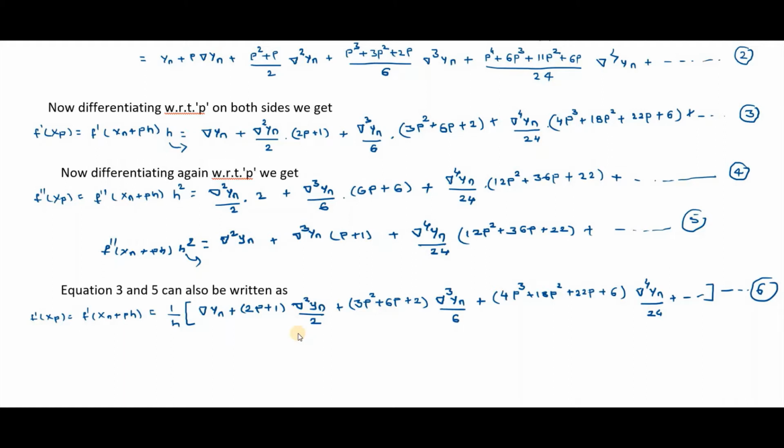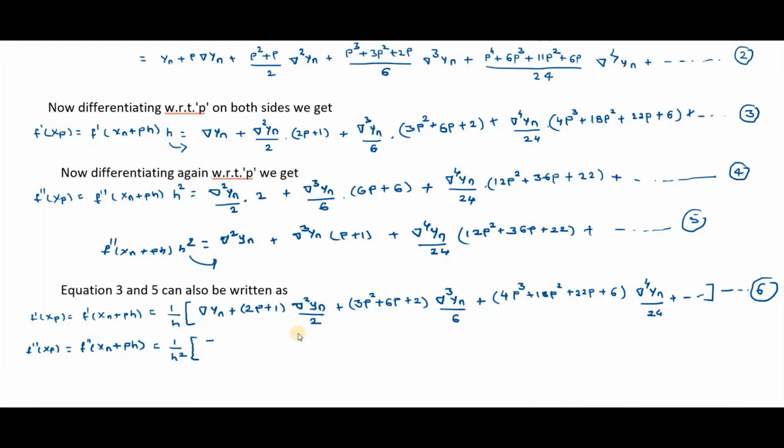Similarly, from equation 5, if you transpose h square to the right hand side, you will get f double dash of xn plus ph is equal to 1 divided by h square into bracket.